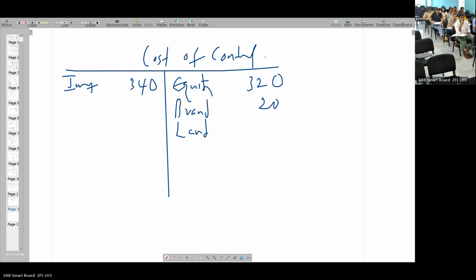Land debit 10, cost of control credit 10. Are you lazy? Double entry. NCI credit, cost of control.